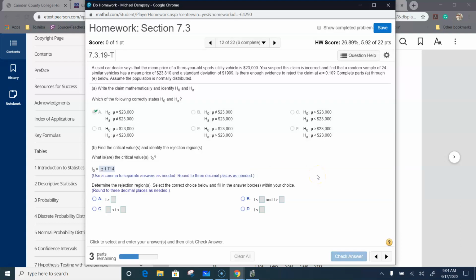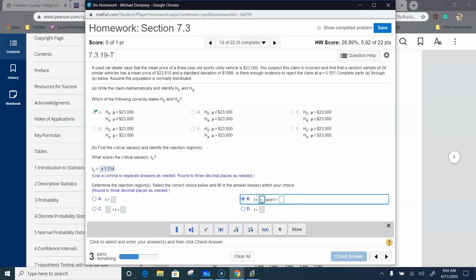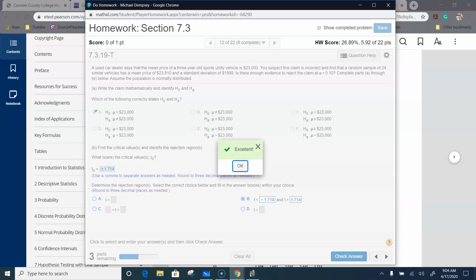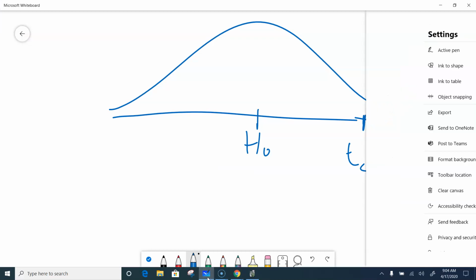Okay. Determine the rejection region. Okay. So the rejection region is going to be when we're less than negative 1.714 and greater than positive 1.714. Okay. So what does that look like graphically, right?